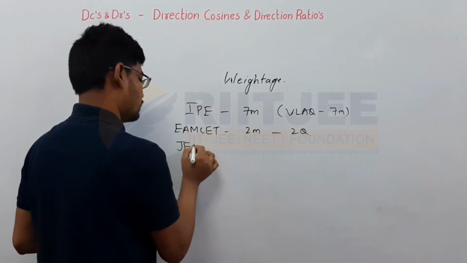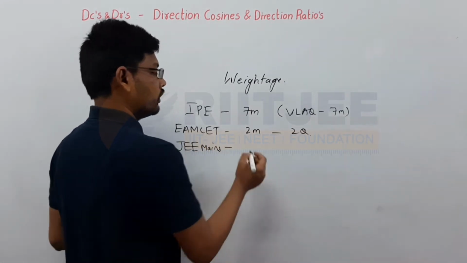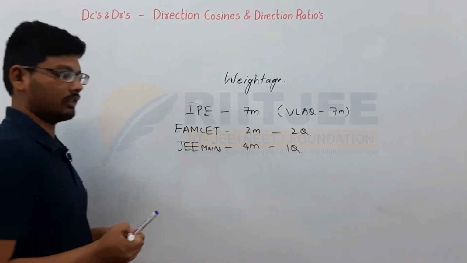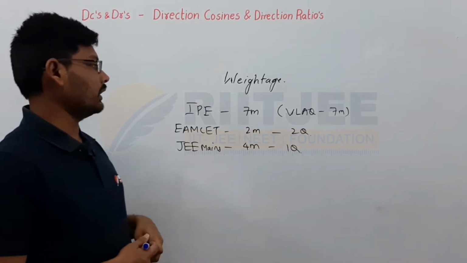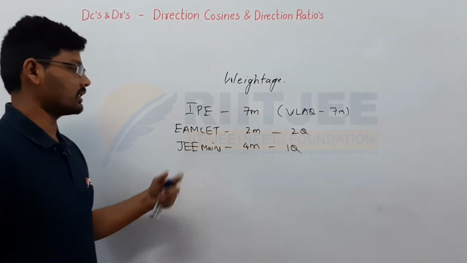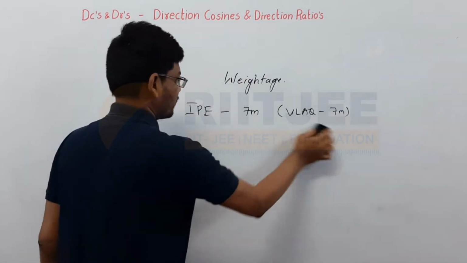And in JEE Mains, there is a possibility to get 4 marks, that is 1 question. So this is the weightage of this chapter here. In IPE they will ask a 7 marks question. In MSET as well as JEE Mains they will ask 1 or 2 questions from this chapter.